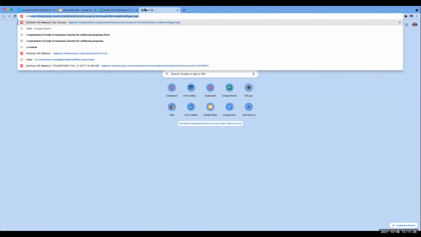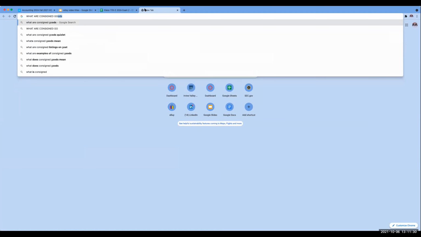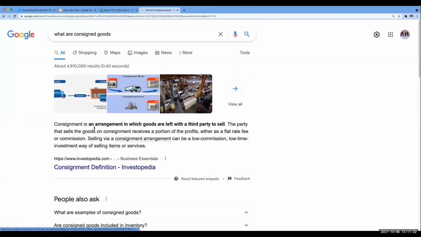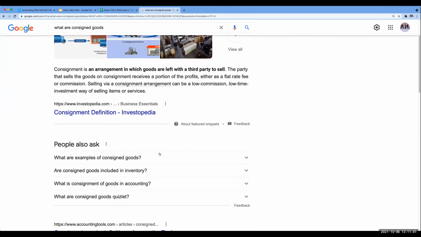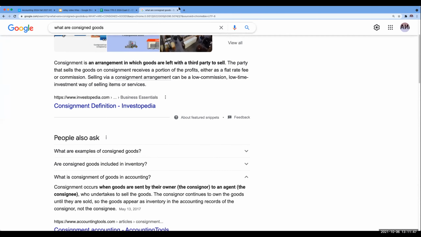Well, if we look it up, consignment is an arrangement in which goods are left with a third party to sell. Basically, you receive a portion of the profits. So what happens here is that I haven't sold it.